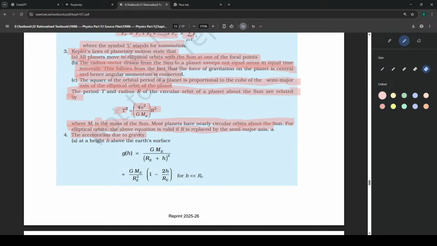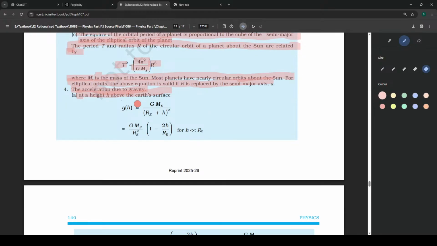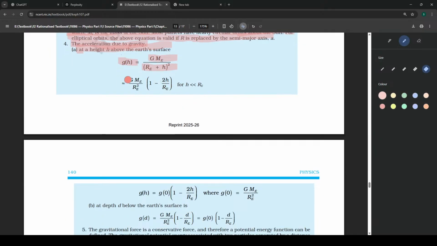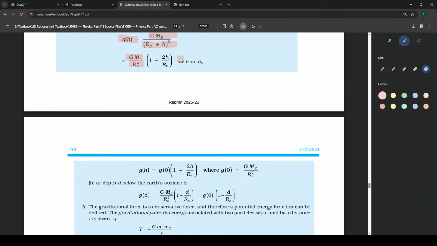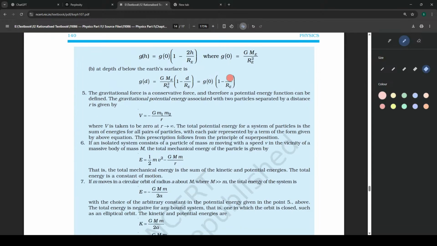The acceleration due to gravity at a height h above the Earth's surface, we also calculated this. g of h, we just add R plus h whole square, but do not forget the square. G ME, this we take R common, and for h very small compared to R, we use the binomial expression like this. When h equals 0, then we get G ME by R square.